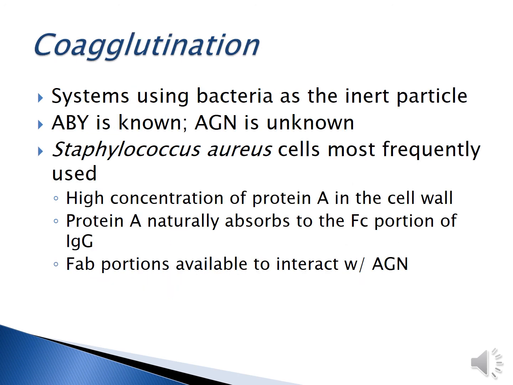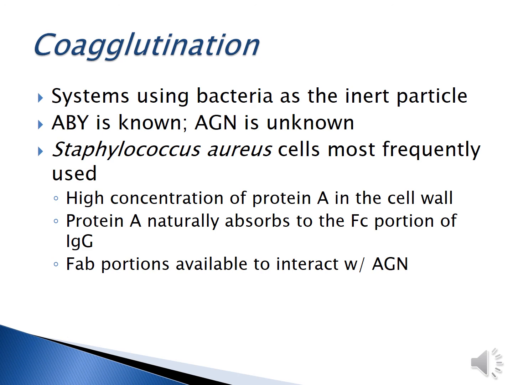The next test is coagglutination. So in coagglutination, the carrier particle is a bacteria cell, and typically Staph aureus is used most frequently because it has what we have found to be protein A in the cell wall, which naturally absorbs the Fc portion of IgG.